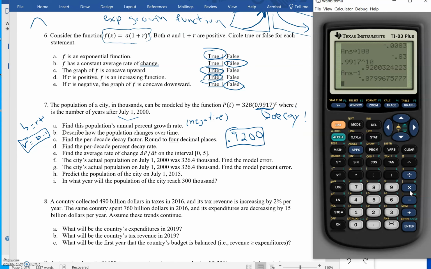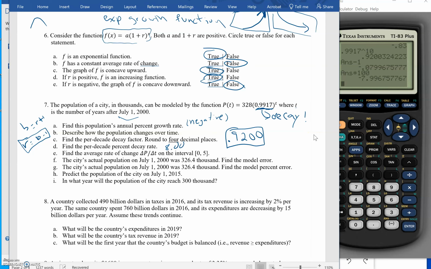So I need to change the sign of this, but I also have to convert it to percent form, because this is a rate, not a factor. So our final answer, if we round this to 2 decimal places, is 8.00%.